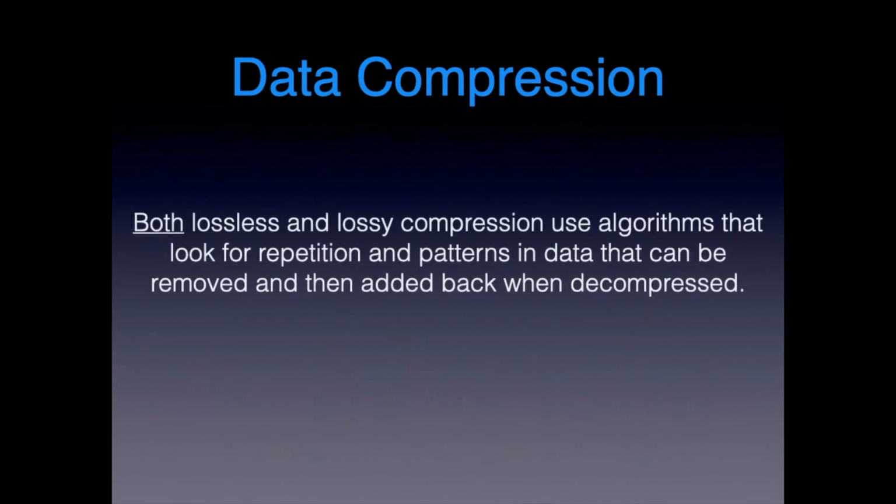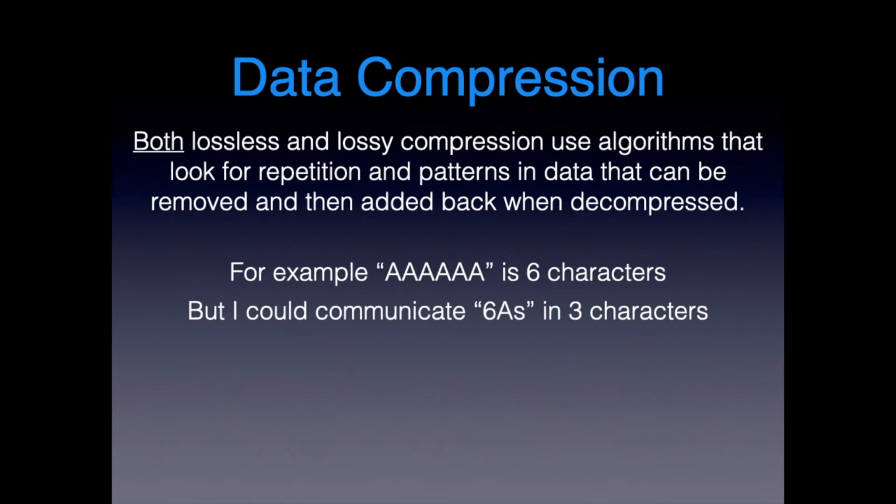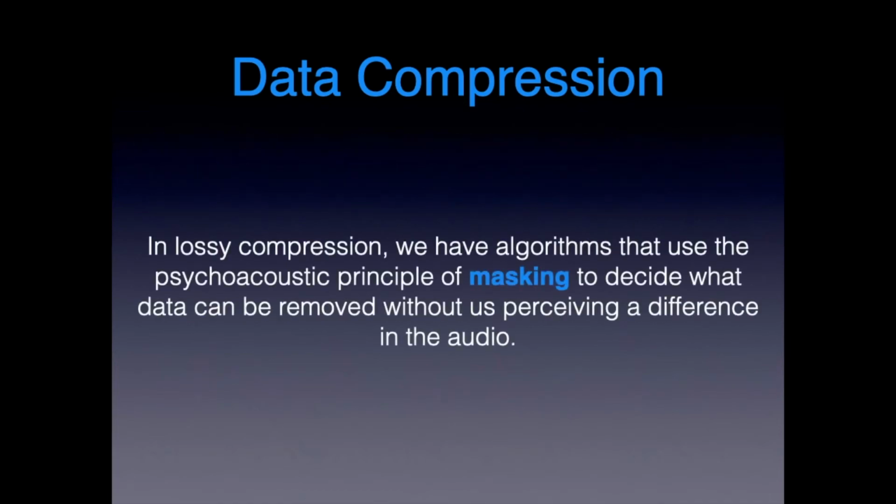The way data compression, both lossless and lossy, works, it looks for patterns in the data that can be represented in a smaller way. So for example, if I write A A A A A A, that would be 6 characters, but I can represent that by writing 6 A's, and that's only 3 characters. The way lossy compression works is, in addition to looking for those patterns, it also thinks about psychoacoustic masking to decide whether some data can be removed.